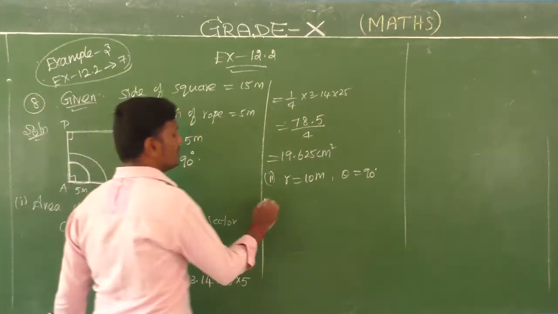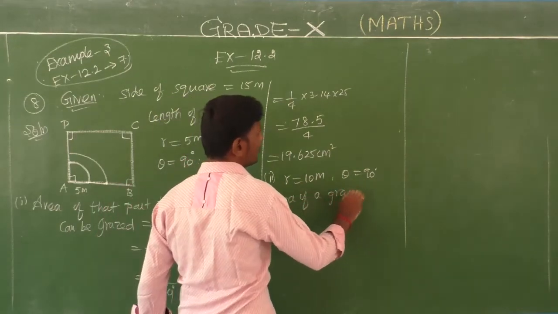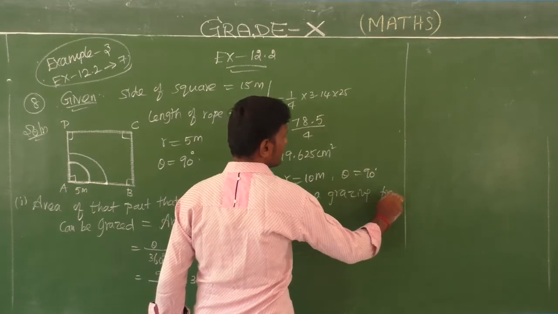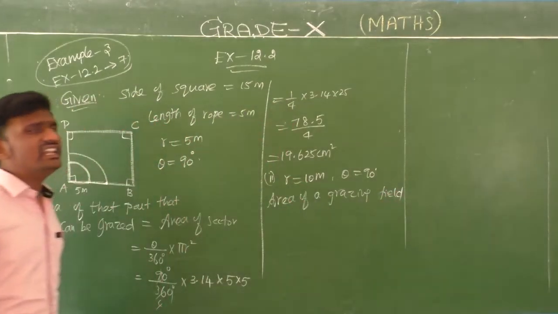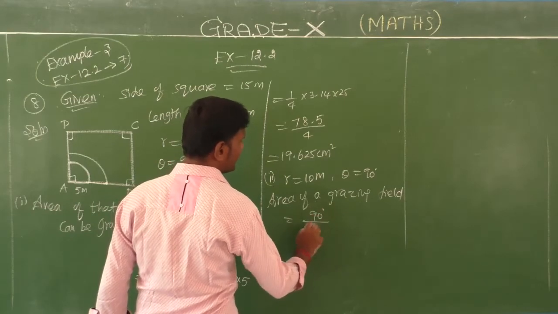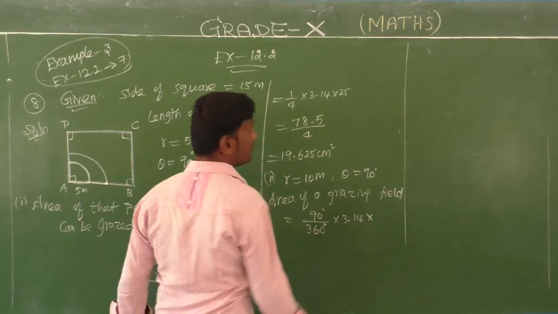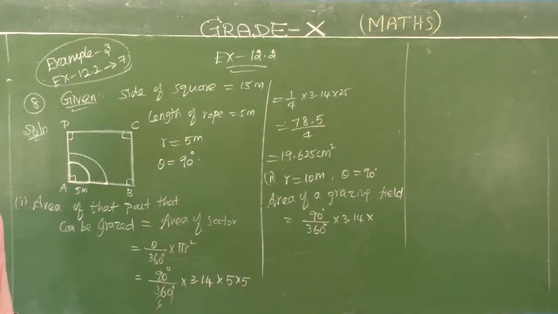Okay. Now the area of the grazing field. So the area of the grazing field is theta, again the same 90 degree, by 360 into pi, 3.14, into the radius, what is that? 10 meter, because it is increasing from the 5 meter length of rope.